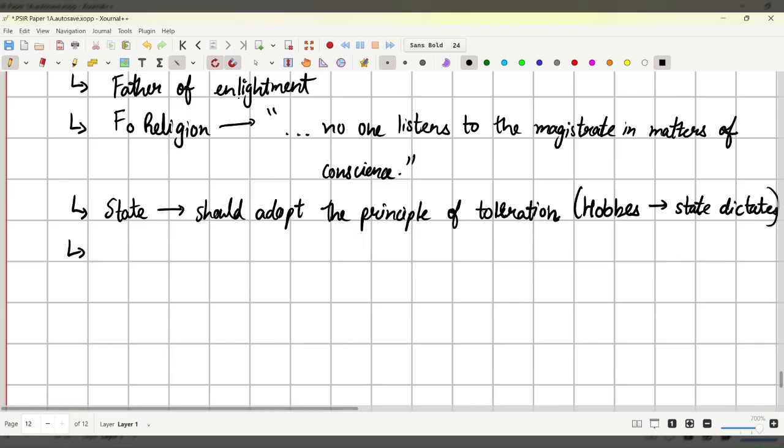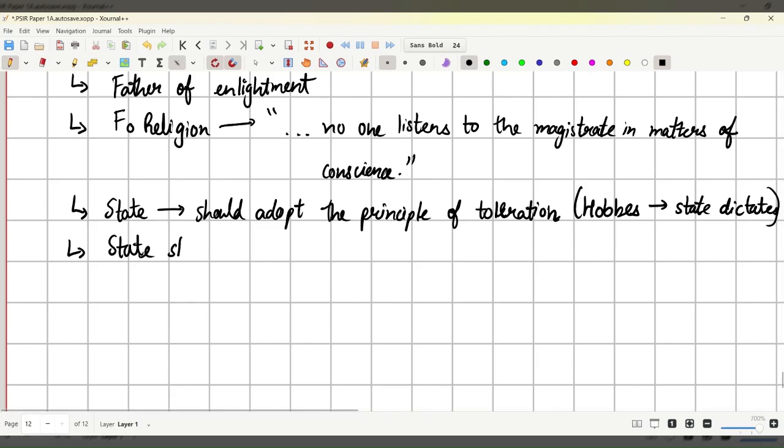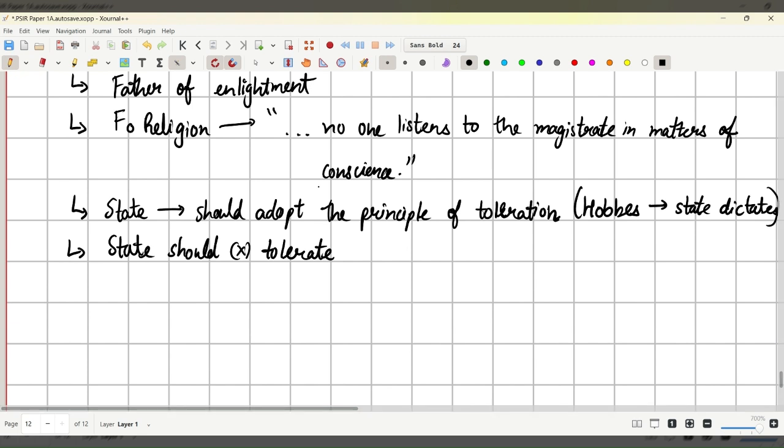But according to him, the state should not tolerate atheists. So this is the point of his criticism, where you can criticize him.